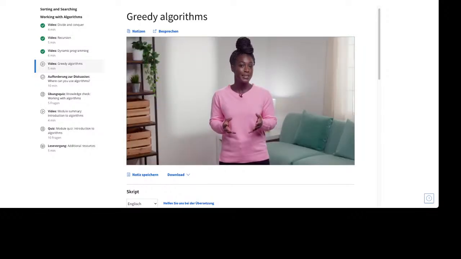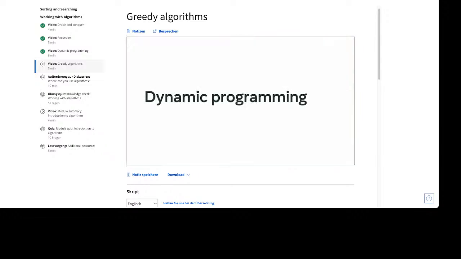To make this more clear, let's take an instance of a CPU that has a list of tasks to be completed. Applying the dynamic programming approach would entail selecting a subset of activities that could be completed within a given time and executing these tasks.